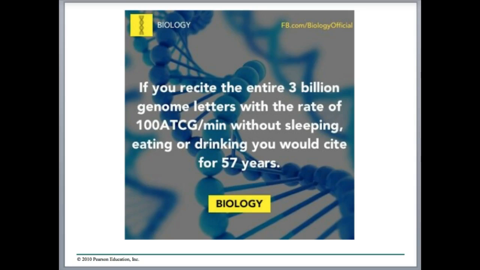That's the awesome power of DNA. The code is simple. A to T, C to G. It's the length of that code that provides all of the power. And with that, we're going to stop and we'll continue in lecture.